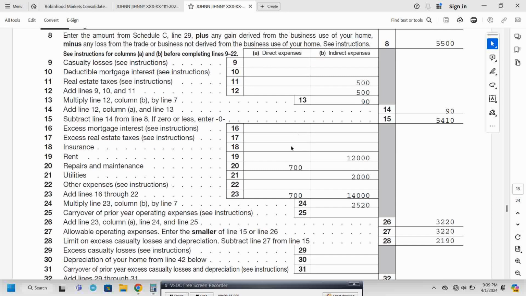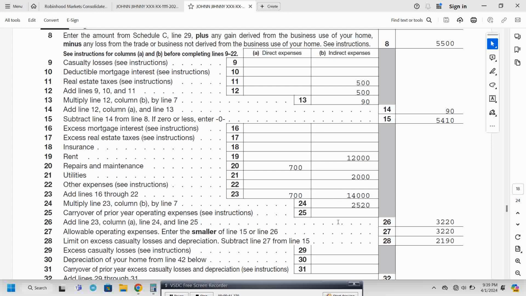He had a repair and maintenance expense of $700 that he paid for his home office area, and he had a set of expenses for his entire house. He had real estate taxes in the amount of $500, and he also paid $12,000 throughout the year for rent and $2,000 for utilities.